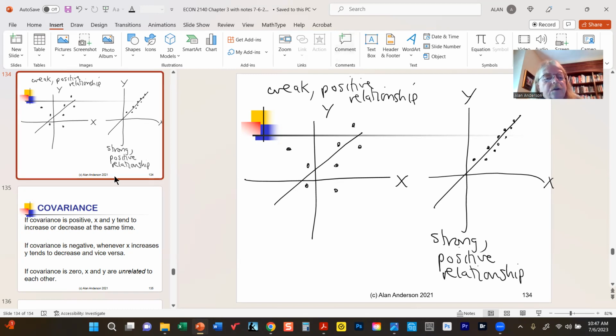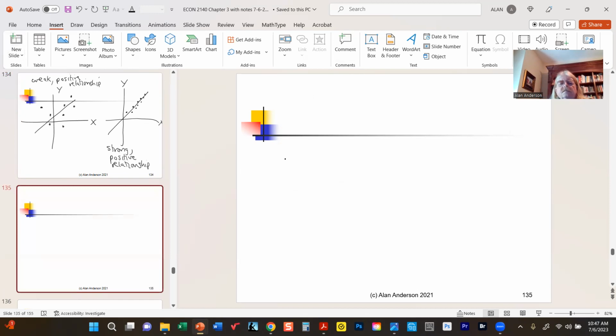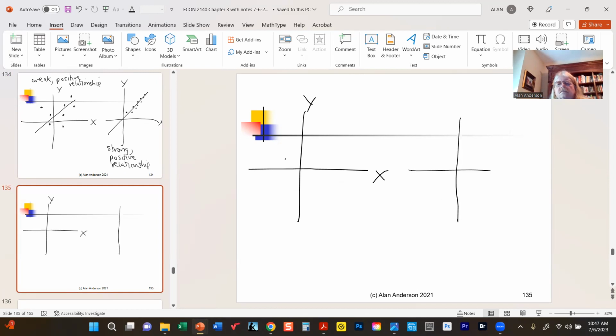And then the same thing is true with the negative relationships. So you can imagine that over here, the relationship is negative, but again, the points are not particularly close to that line.